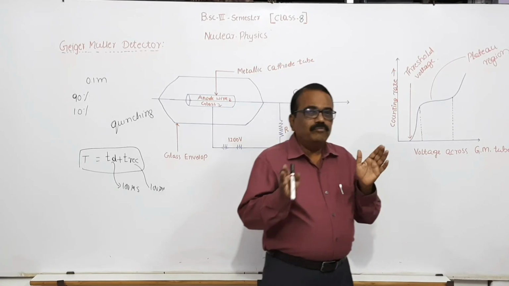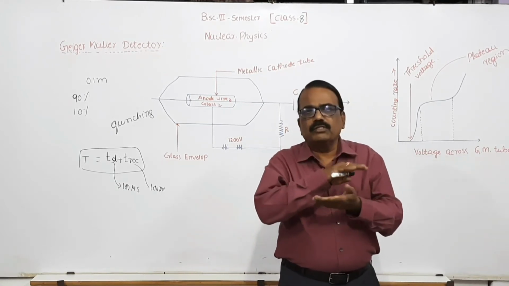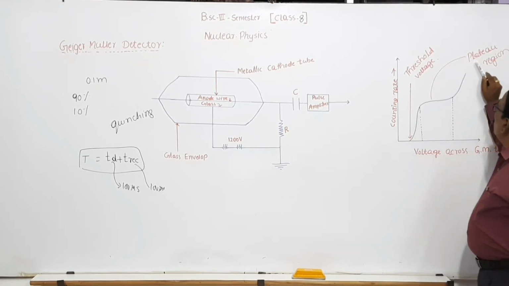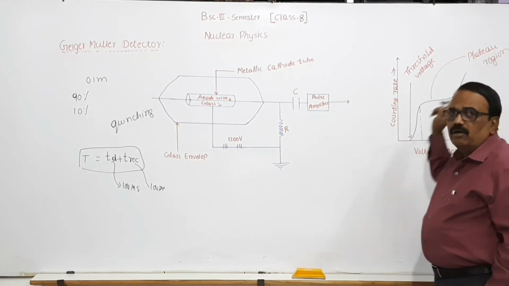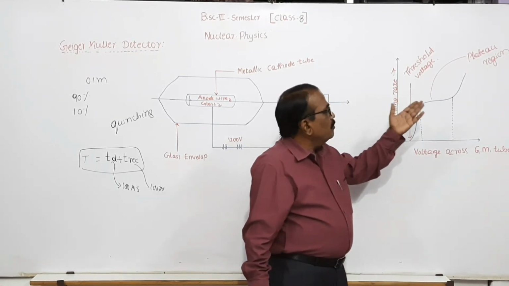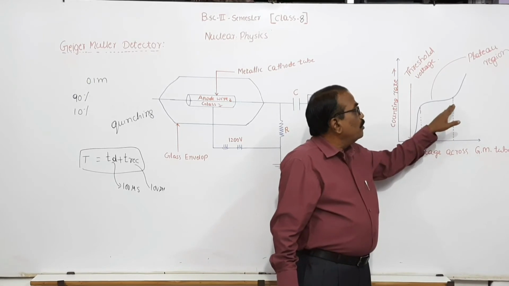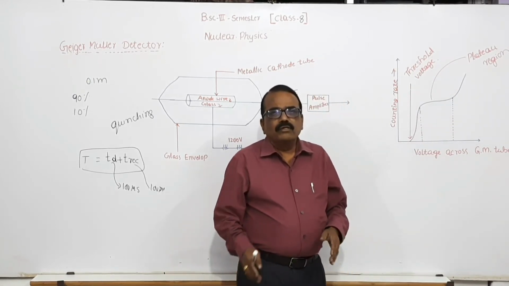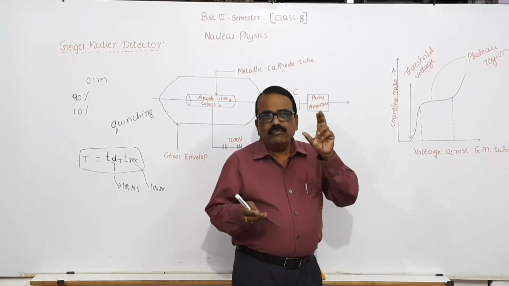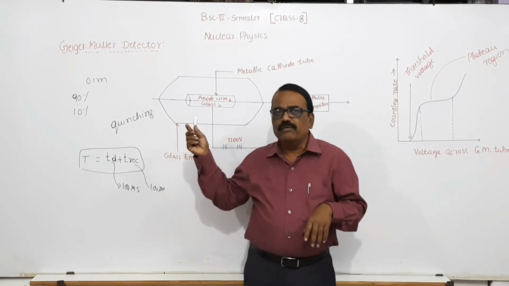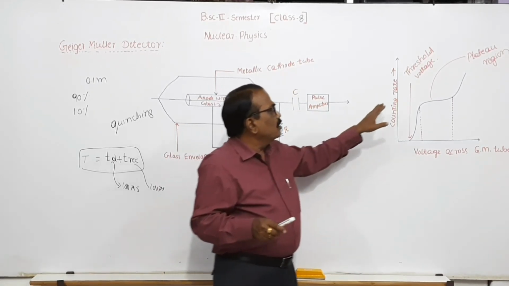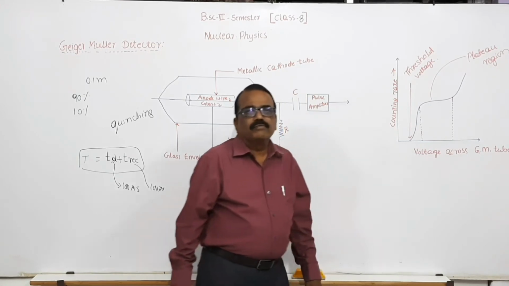Up to which the counting rate remains constant or the curve becomes flatter, that region is called as plateau region of this GM tube. If you go on increasing this voltage beyond the plateau region, then enormously the electric field across this goes on increasing, then continuous discharge takes place and counting rate also goes on increasing.